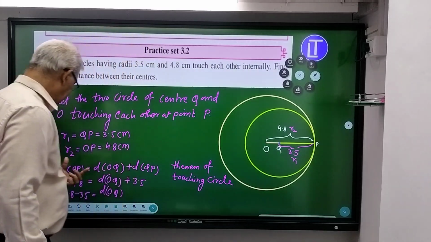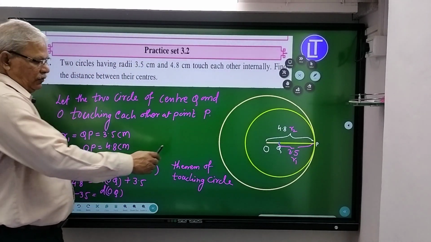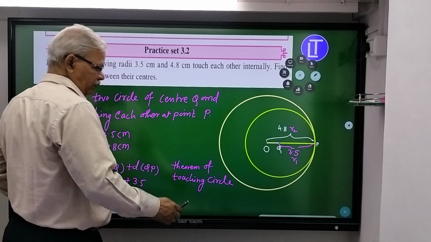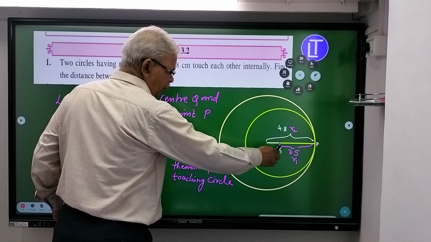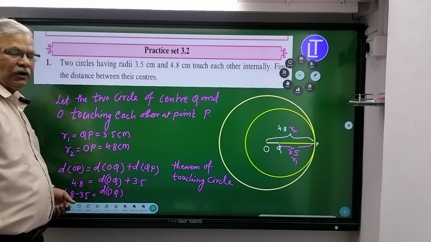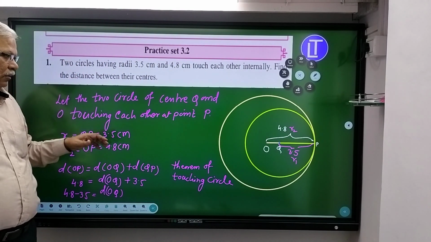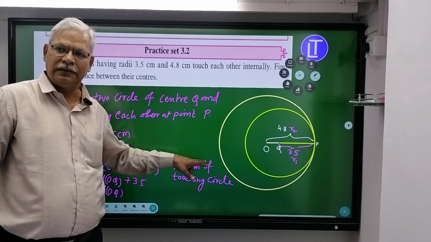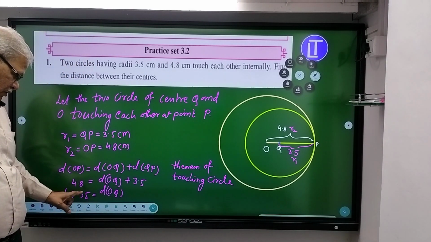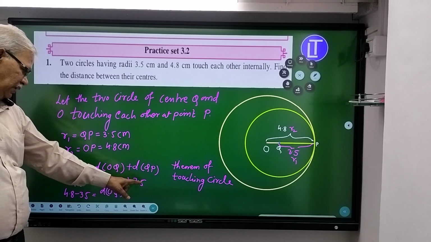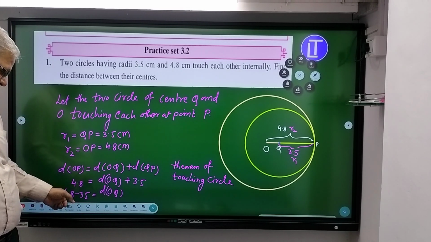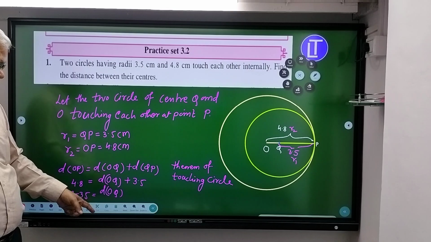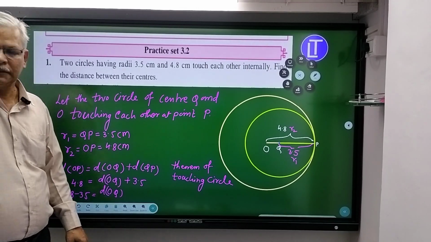You write like this: distance OP is equal to OQ plus QP, because they are on a single line. Then take it to the left hand side and subtract, and you will get the answer.